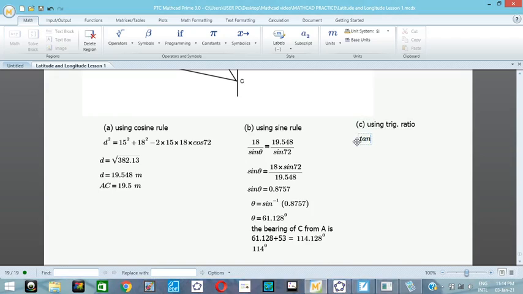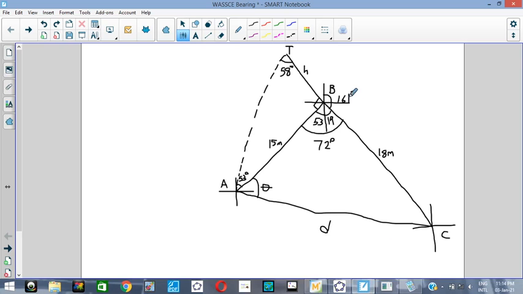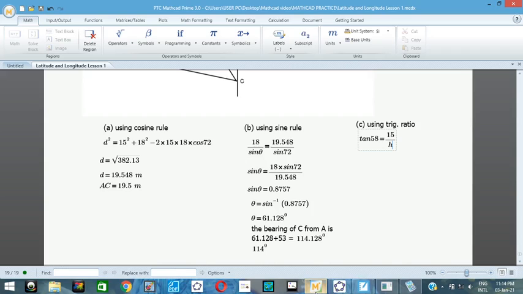So tan 58 is going to be equal to 15 divided by h, as I'm using h as my d. Sorry, opposite over adjacent. Adjacent is the height, the opposite is 15. The hypotenuse is this longer side, which is facing 90 degrees. So opposite over adjacent is tan 58 degrees.